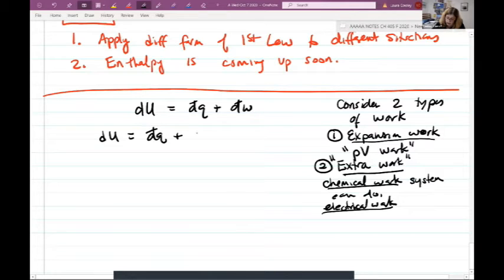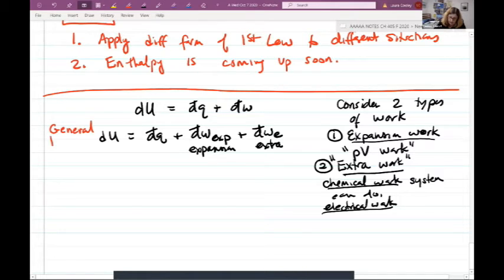And now I'm going to make this dW expansion plus dWe for extra. Because I really do have to say that I'm not thinking about extra work right now. A lot of times what we do in PChem, we start out with something that's completely general. This actually is the first law in differential form.